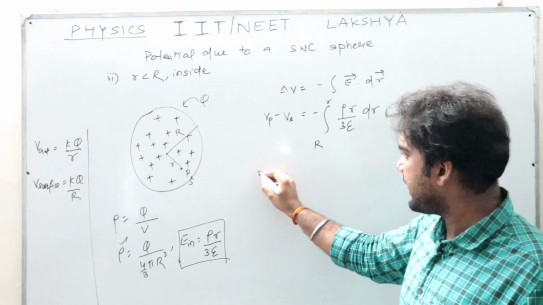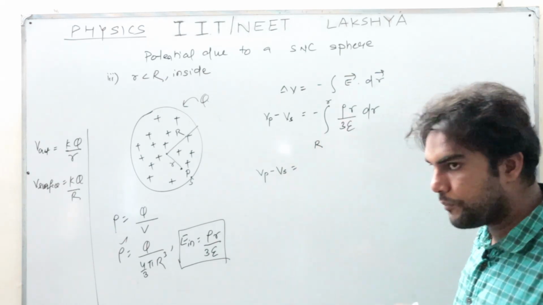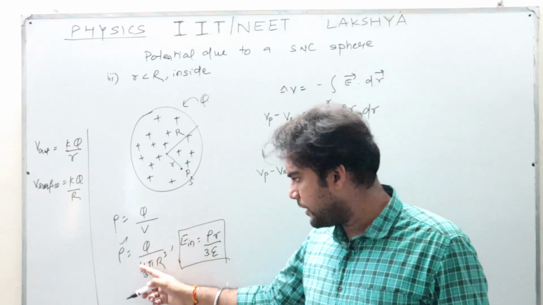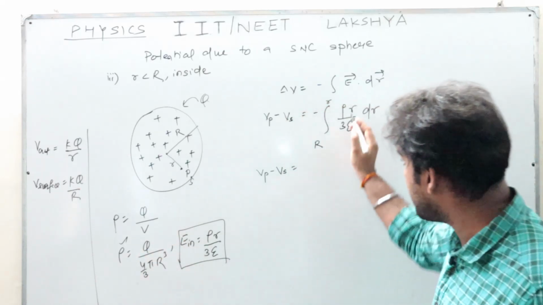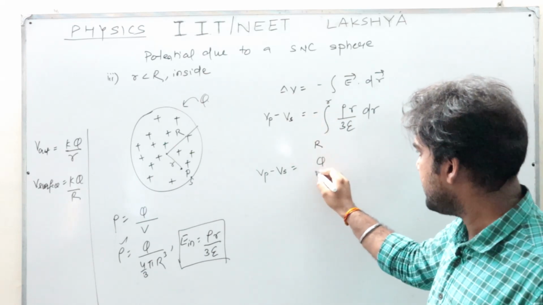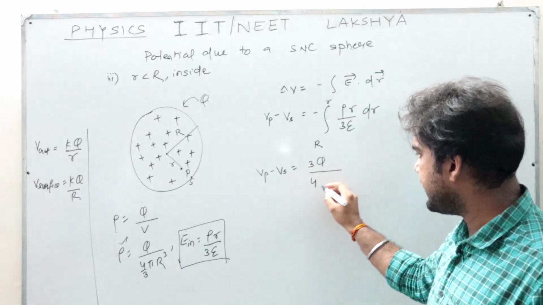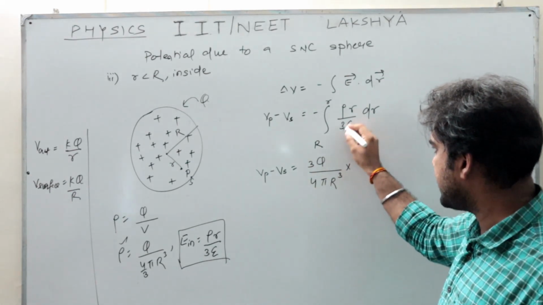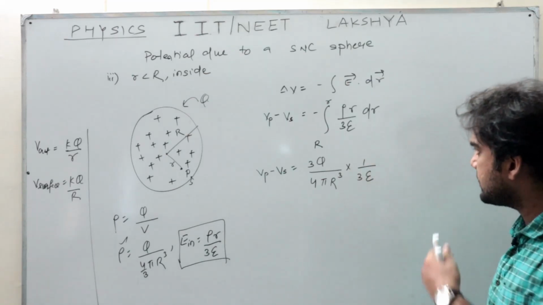So I might write like this now: Vp minus Vs is equal to, now rho, if you remember, rho is q by 4 by 3 pi R cube. Now this entire term is a constant term, so that will come out of the integration. I can say q by 4 by 3, so 3 I am taking it here, by 4 pi R cube, into this 3 epsilon is also a constant, so that comes out of your integration terms.